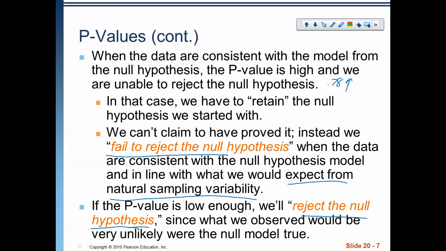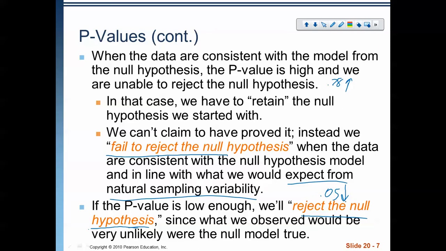Typically, a general rule for when to reject it is when my p-value is below 0.05. We have some things that will change that threshold, and we'll go into those at a different date. But for right now, you can just think, if my p-value is smaller than 0.05, then I'm going to reject it.